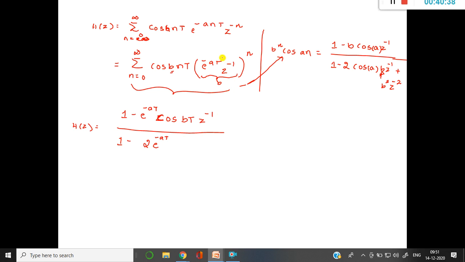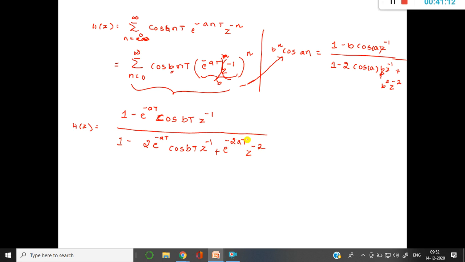If you have this confusion, I'll make it separate. Now you can easily understand. e to the power of minus aT cos of bT z inverse plus e to the power of minus 2 times aT, because b square means e to the power of minus aT whole square, so this becomes e to the power of minus 2aT into z to the power of minus 2.